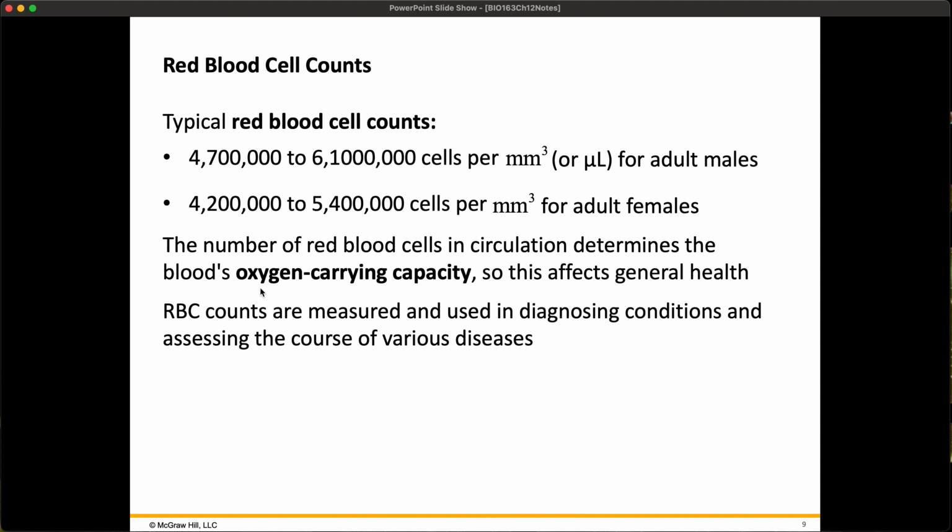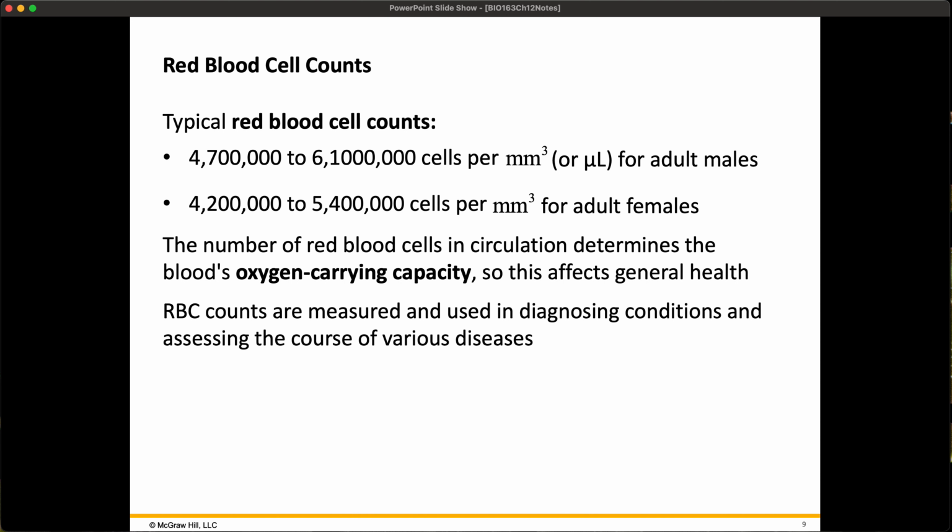The number of red blood cells determines your oxygen carrying capacity, and this affects your general health. The best way that I like to describe this is thinking about athletes that get in trouble for blood doping, if you've ever heard of that, or when athletes go and train at higher altitude places. When you go up to the mountains, especially the big mountains like Colorado or Peru, where they have much, much bigger mountains than we do over here, at least, your body is naturally going to produce more red blood cells because there's less oxygen available to you at that higher altitude.